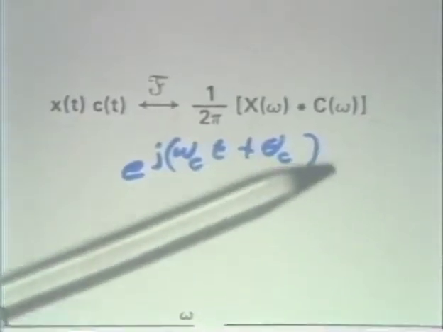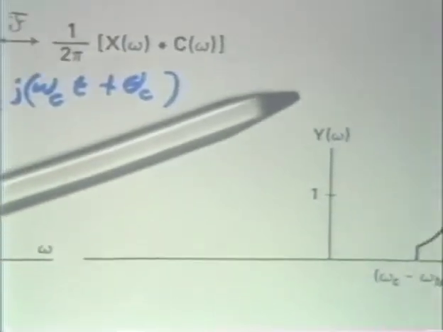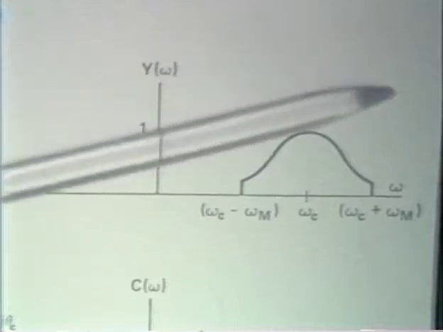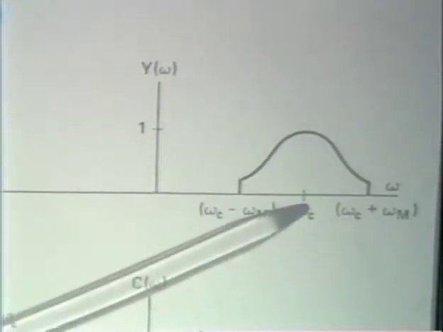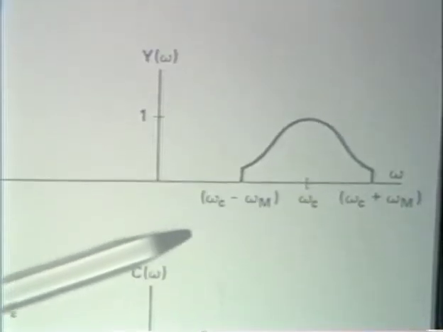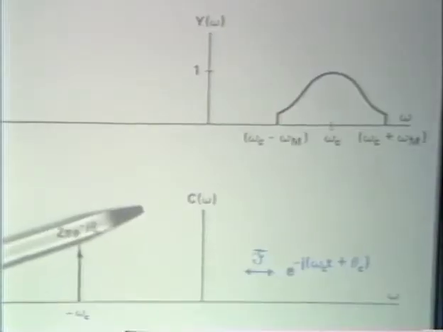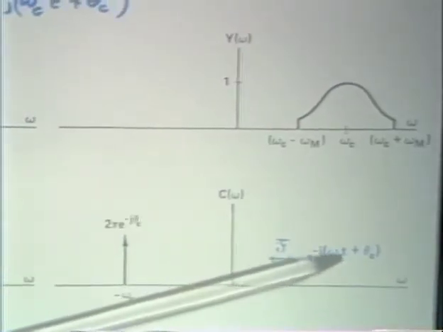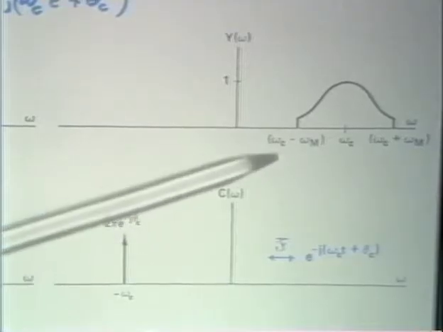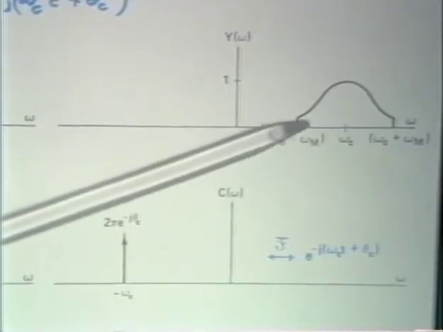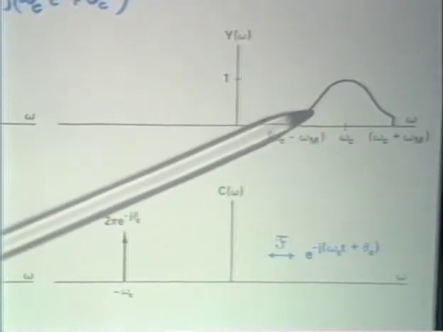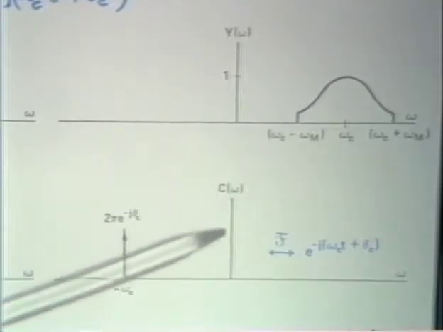Well, let's track that through in terms of the spectra. We have, again, the spectrum of the output of the modulator, which is the original spectrum shifted up to the carrier frequency. We have below that the spectrum of e to the minus j omega ct plus theta c. And if we now convolve this with this, that results in simply shifting this spectrum, except for an issue of a scale factor, shifting this spectrum back down to the origin.